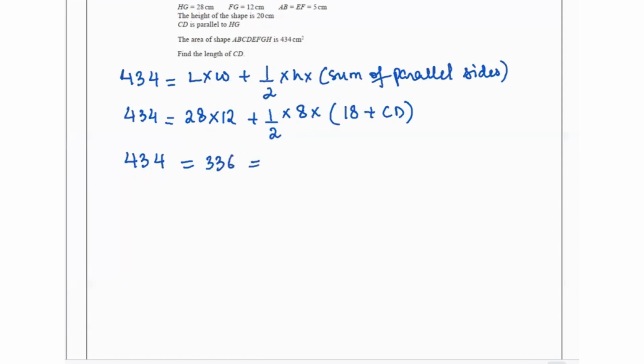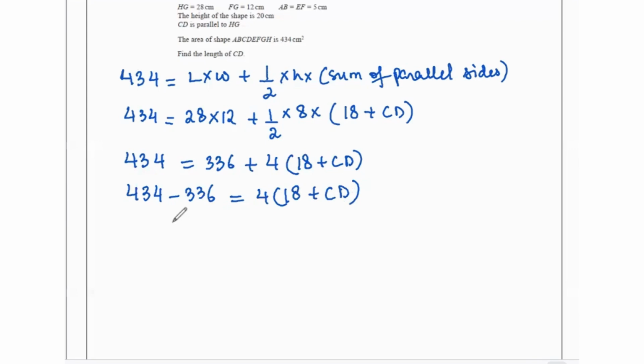plus 8 divided by 2 is 4 times (18 plus CD). 434 minus 336 equals 4 times (18 plus CD), which is 98. Then we divide 98 by 4.